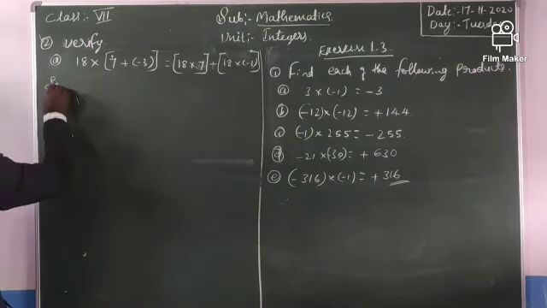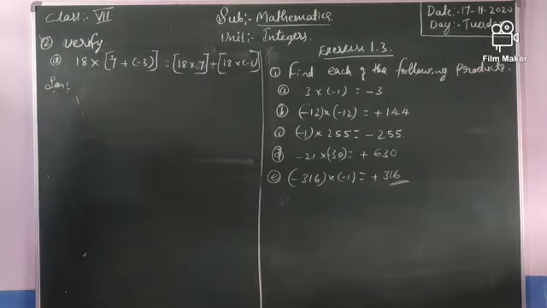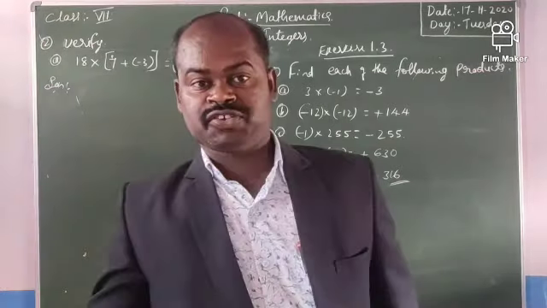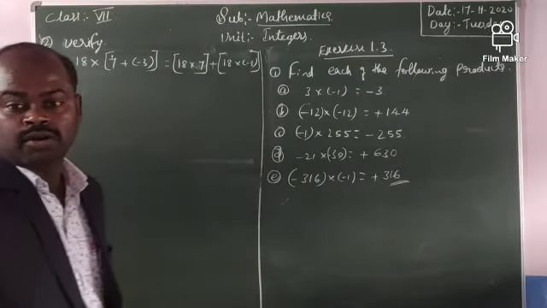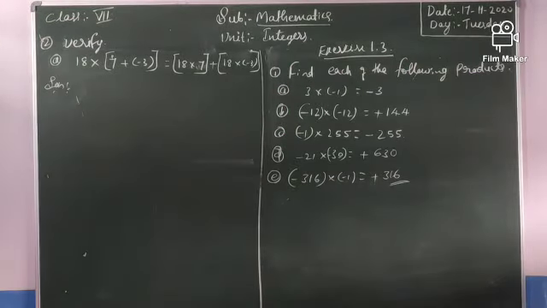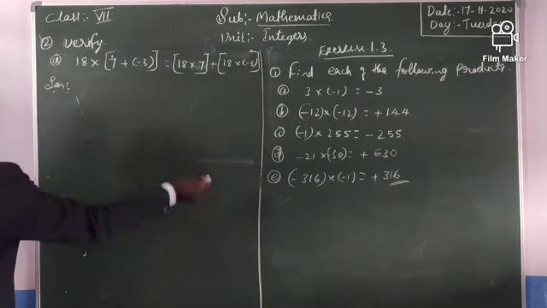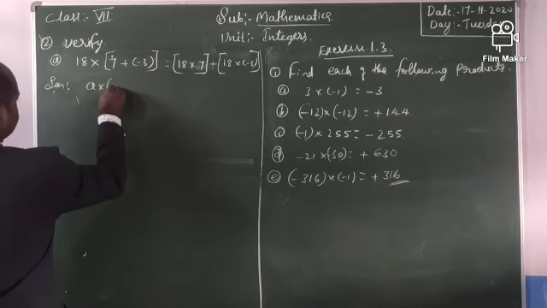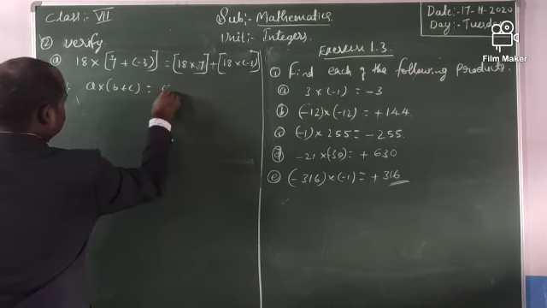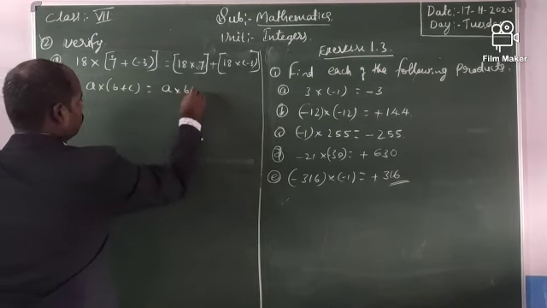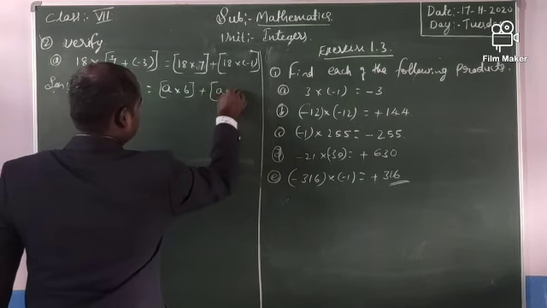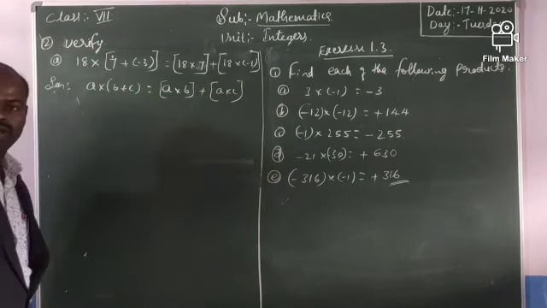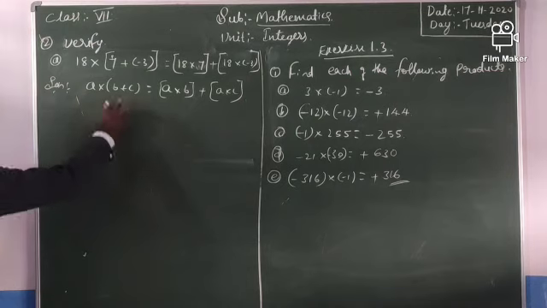See children, here solution. What is the property here we have to use? Yes, it is in the form of distribution. So we have to use the distributive property, that is A into B plus C equals A into B plus A into C. Here in the place of A, 18 is there.